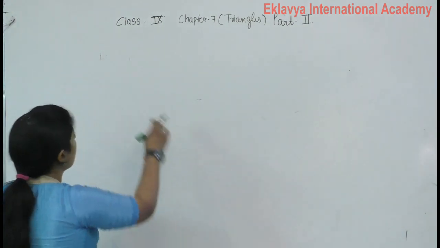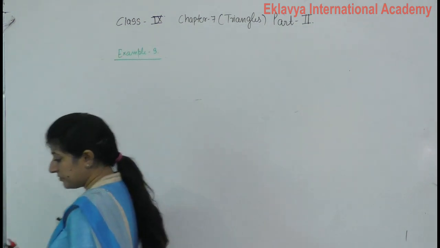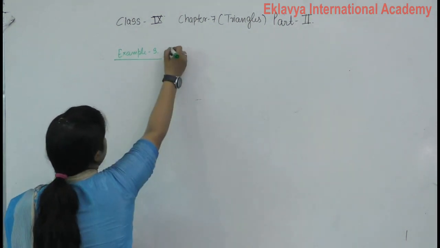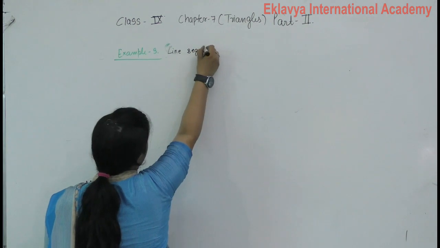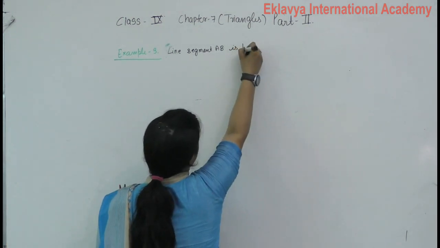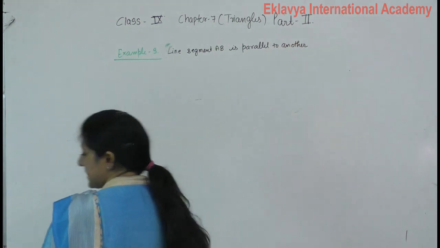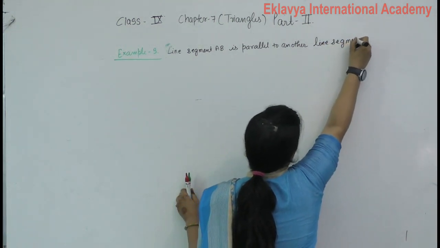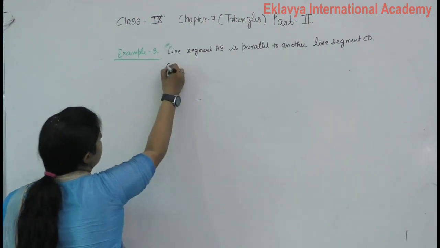Now see the third one, example third. Line segment AB is parallel to another line segment CD. O is the midpoint of AD.